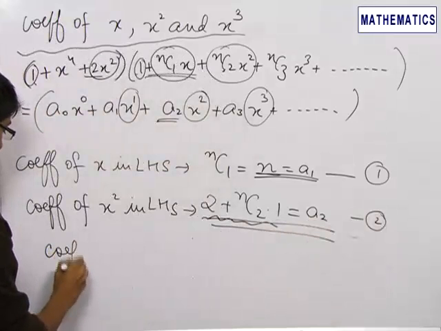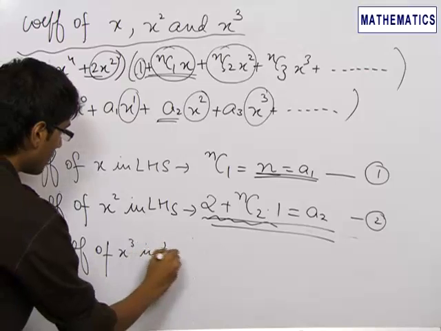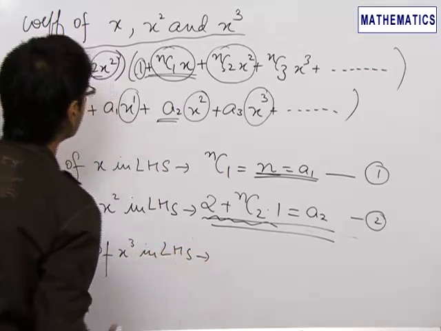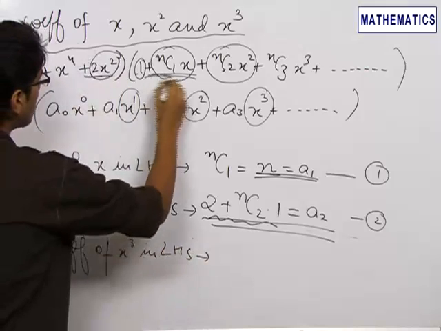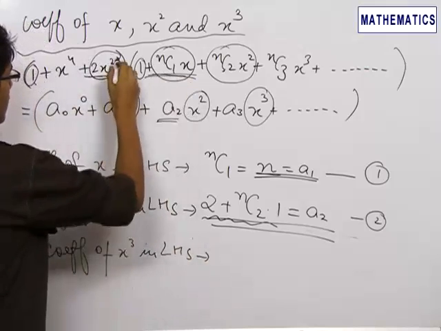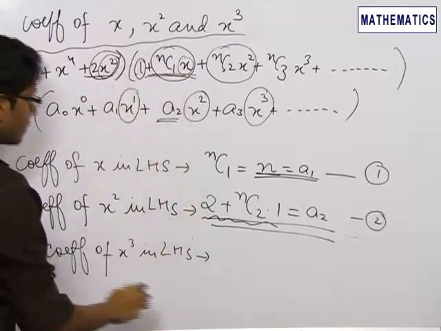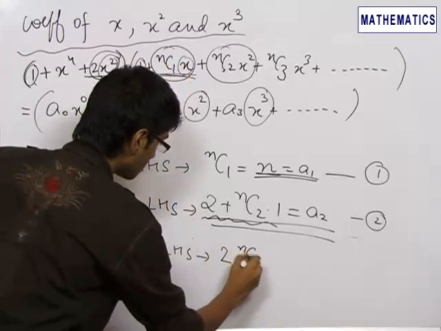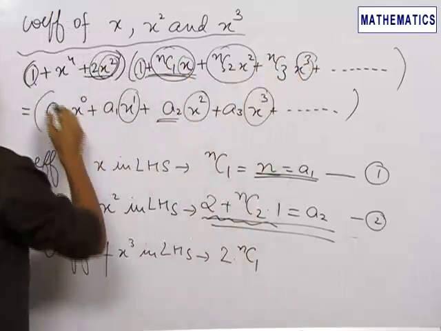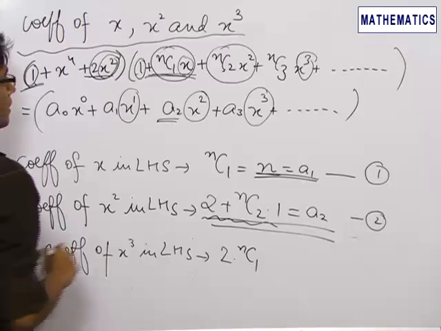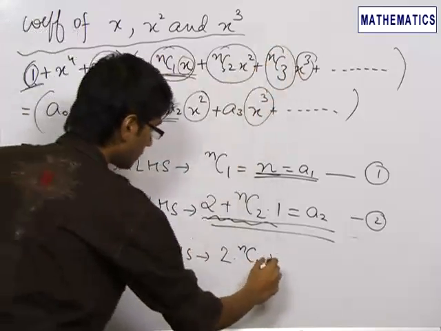Now the coefficient of x³ in LHS is, we see when this 2x² gets multiplied by this nC1 x, we get x³. So the coefficient will be 2 into nC1. Also when this x³ term gets multiplied by this 1, we get an x³ term. So nC3 will be another coefficient.